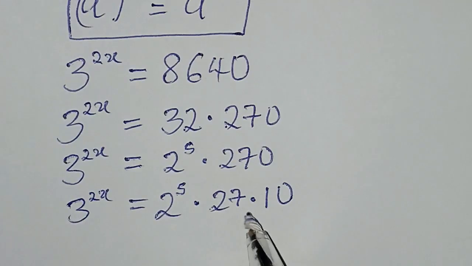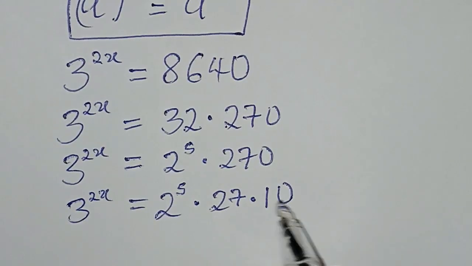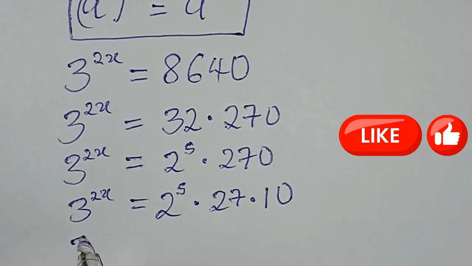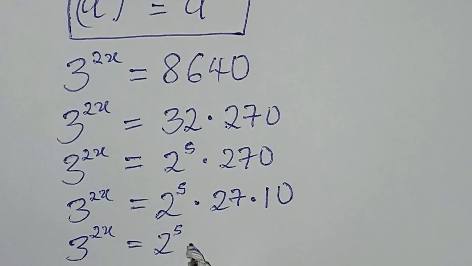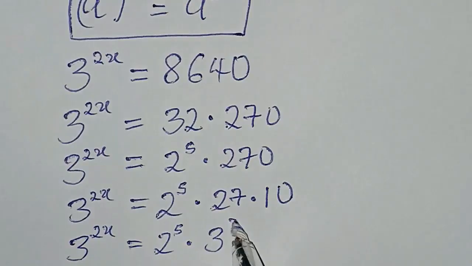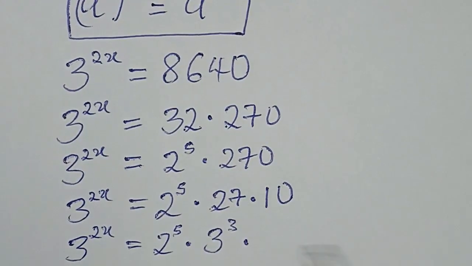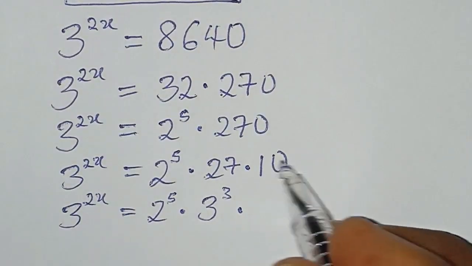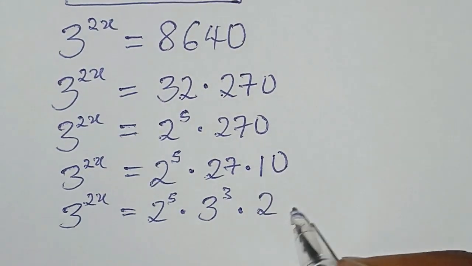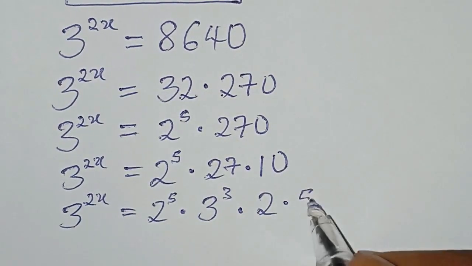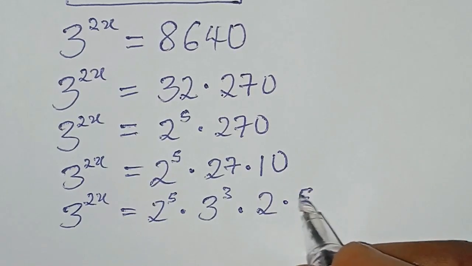Here we can also simplify further. We have 3^(2x) is equal to 2^5 multiplied by, this can also be simplified as 3^3. Then multiply by, likewise, we can rewrite this as 2^2 multiplied by 5.